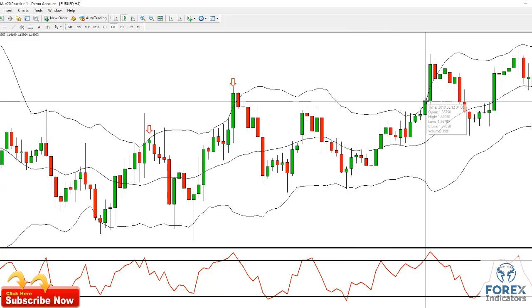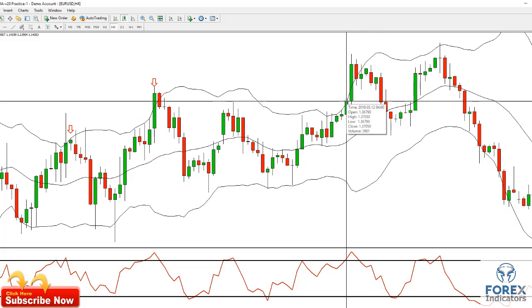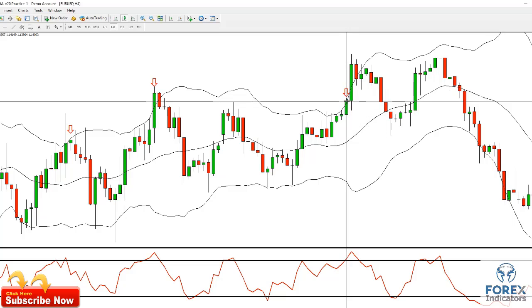Here's one where we took a little bit more heat on the trade. You'll see we closed above the upper Bollinger Band, indicating that we would have taken a short position. As you'll notice, down below, we also had an overbought reading on the RSI. So in combination, that would have been a sell trade. And what we'll do here is we would have opened on the next position, and this would have gone against us a little bit.